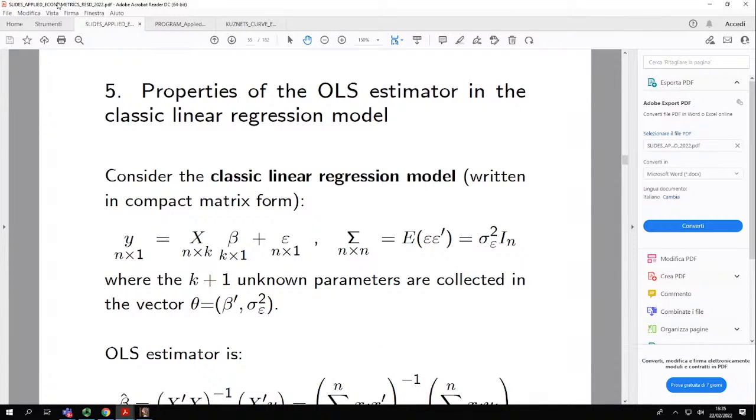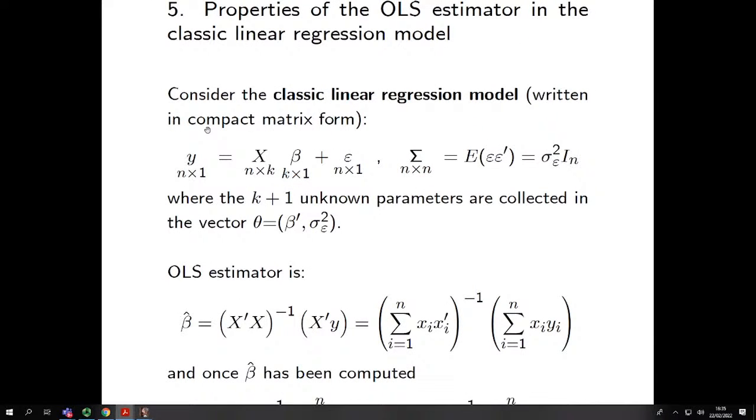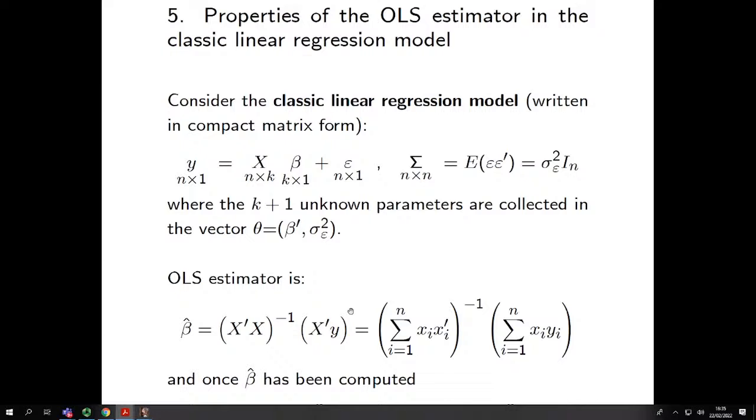Very quickly, we already said that yesterday. We have been talking, and I need to stress to you, the properties of the LS estimator, because if you understand that, you can manage the basic econometrics.